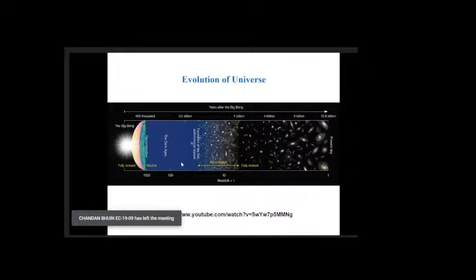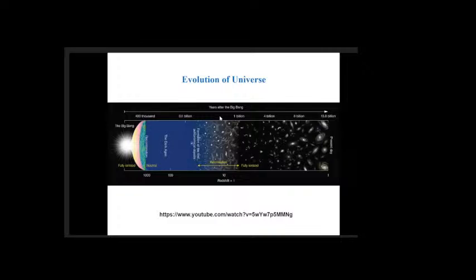So using the same analogy, we have a similar situation in the evolution of the universe. During the cosmic dawn, the universe became visible.